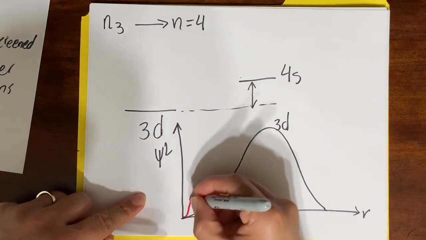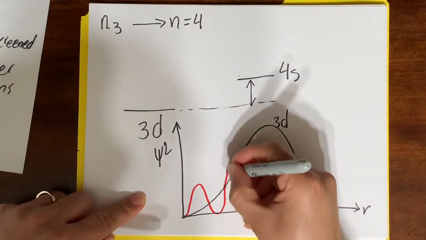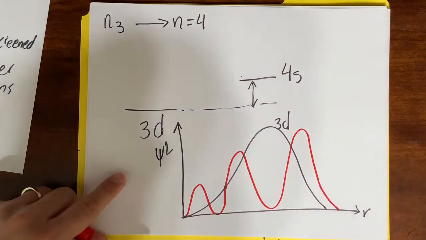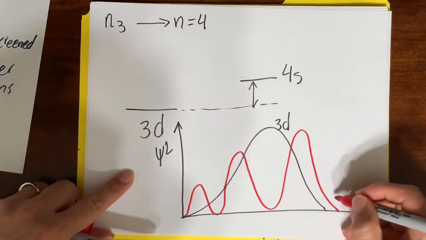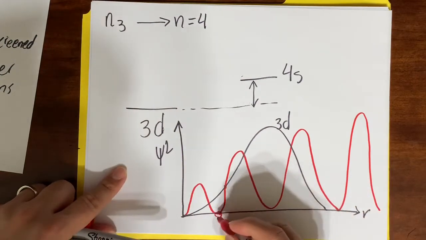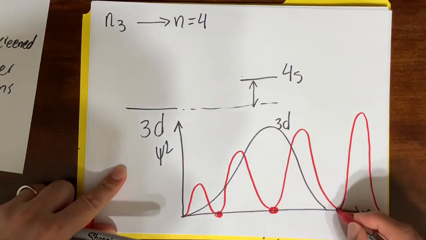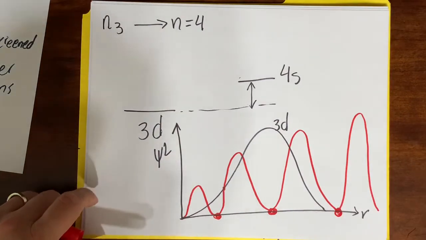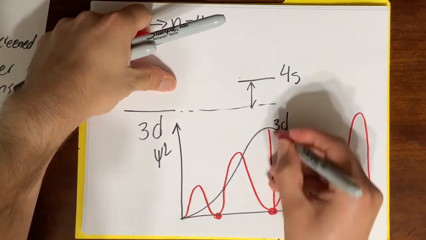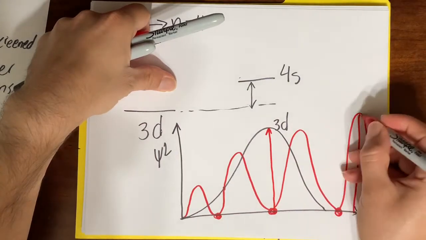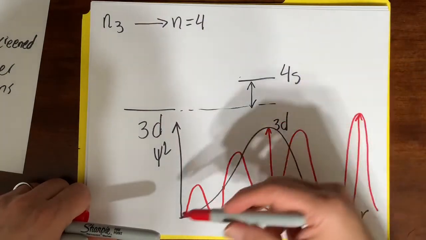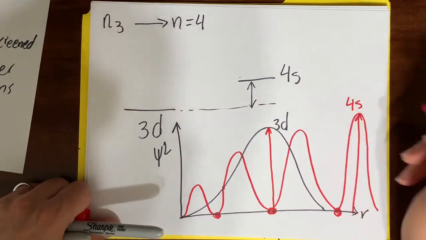Show it by one bump. That's the second. The third one. Actually, I need to go one more. My bad. Because 1 node, 2, 3 nodes. As you see, the maximum point of the 3d is closer than the 4s. So you expect the 3d to be lower in energy than the 4s orbital.